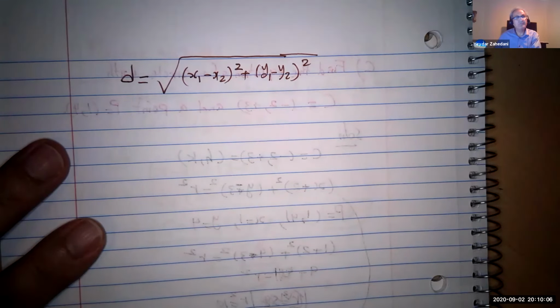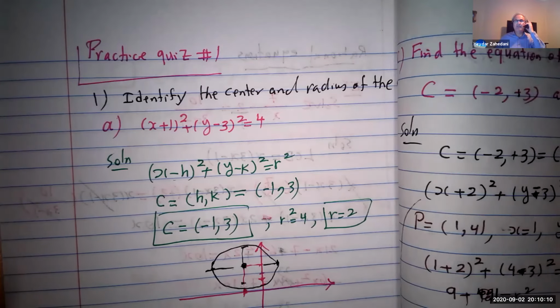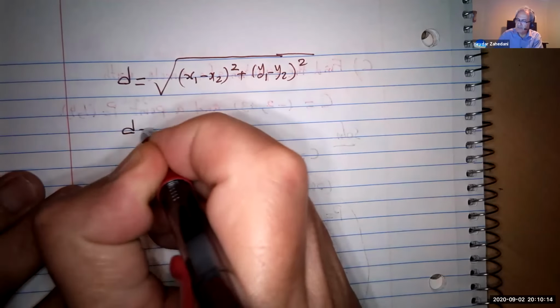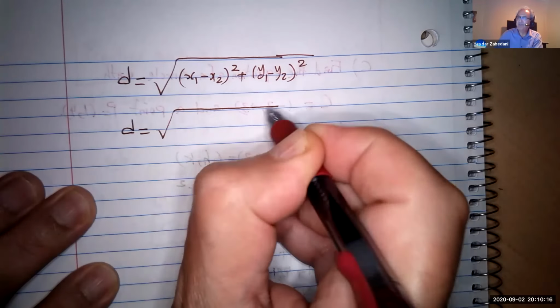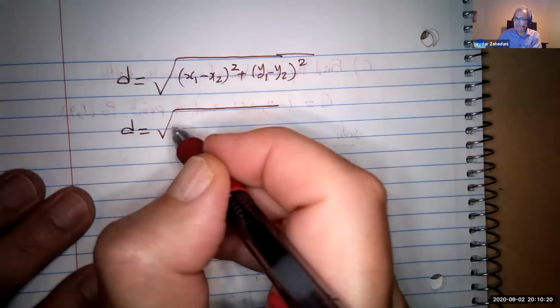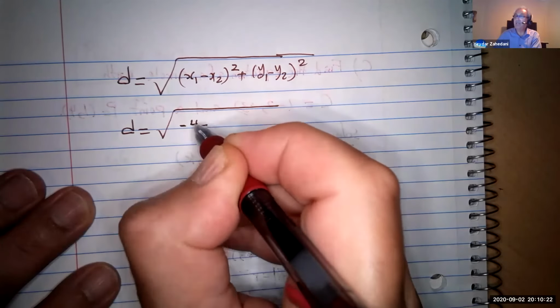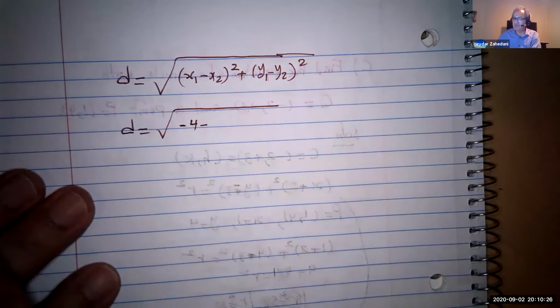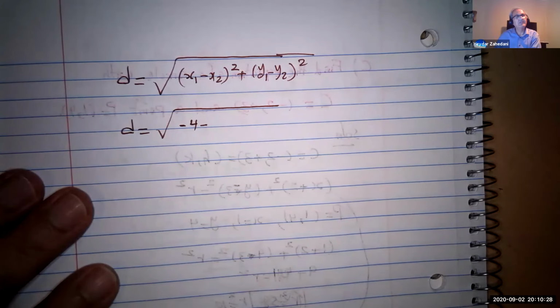Okay, substitute. Remember x1 and x2, we get the a and the b. So d is equal to the square root of x2, x2 was negative 4, minus, it doesn't matter, x1 minus x2 because you square it. Okay, you square it, you can do it the other way around.